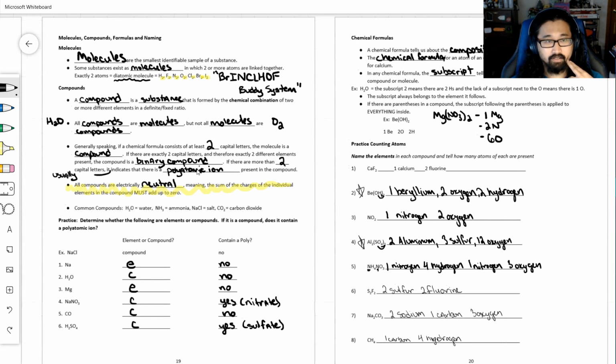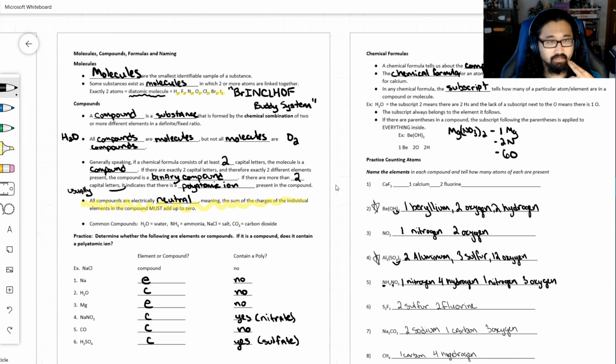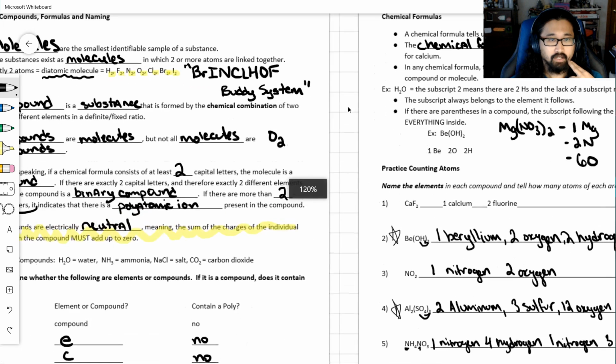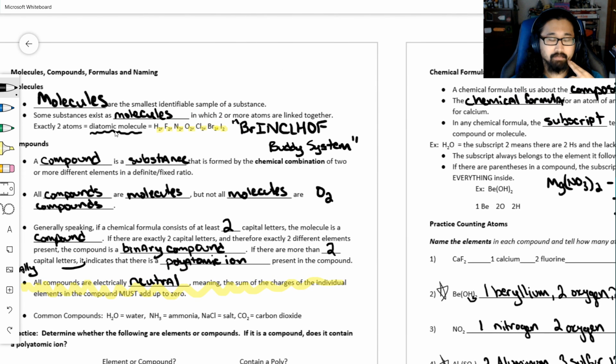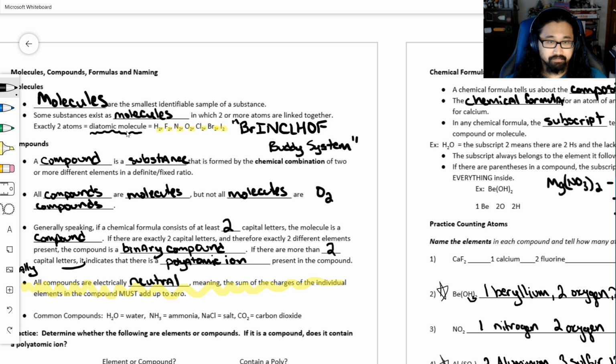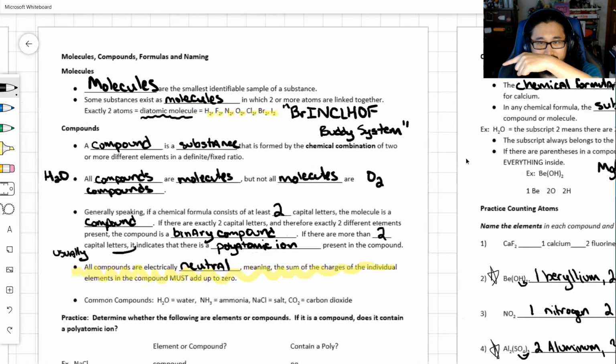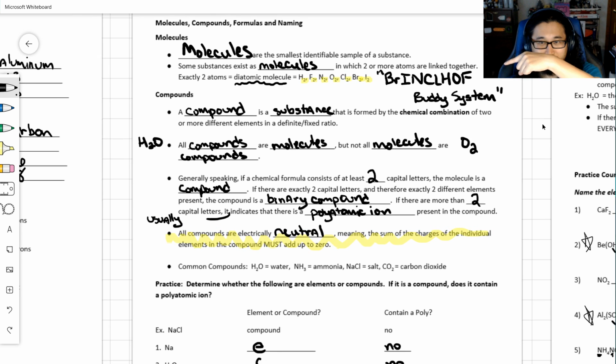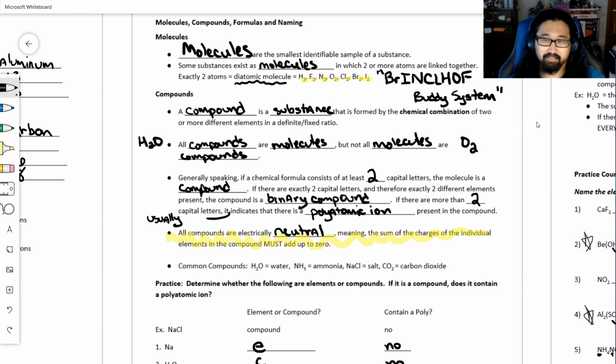And then going back to the first day where we talked about molecules and formulas, diatomic molecule. This is a big red flag question. It's a big alarm should be going off in your head. Diatomic molecule means think the Brinkelhoff buddy system, alright? It's these 7 elements.